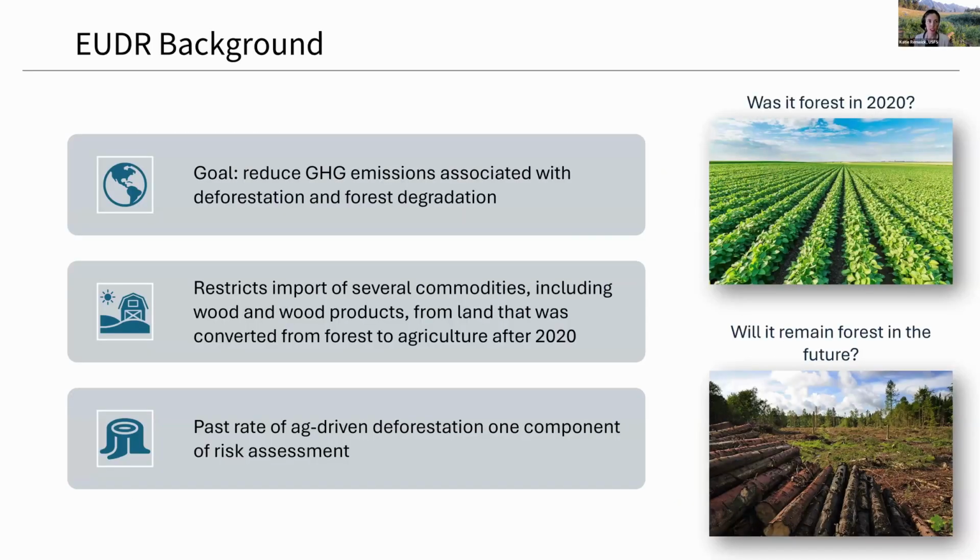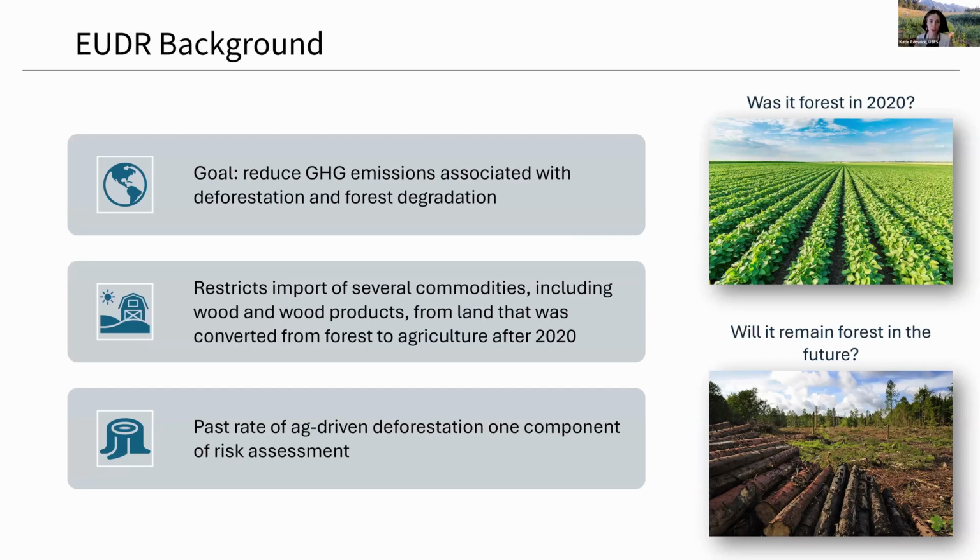Just briefly, the EUDR goal was to reduce greenhouse gas emissions associated with deforestation and forest degradation. And this regulation is focused entirely on forest conversion to agriculture. So forest conversion to a housing development doesn't matter in this context.